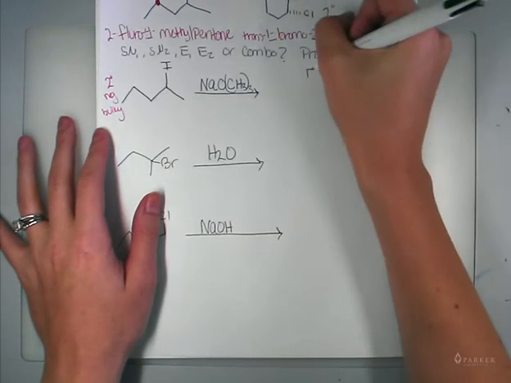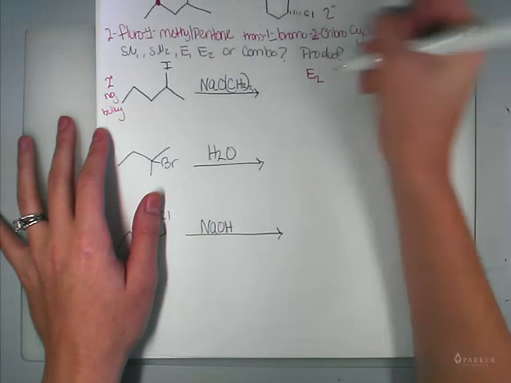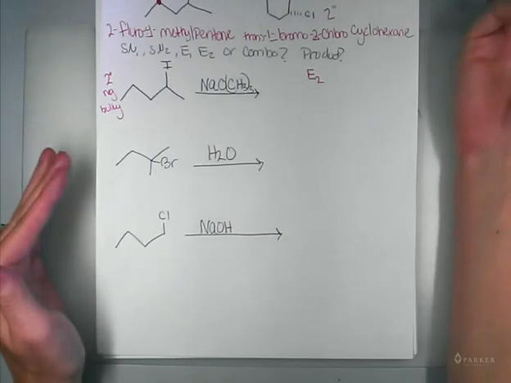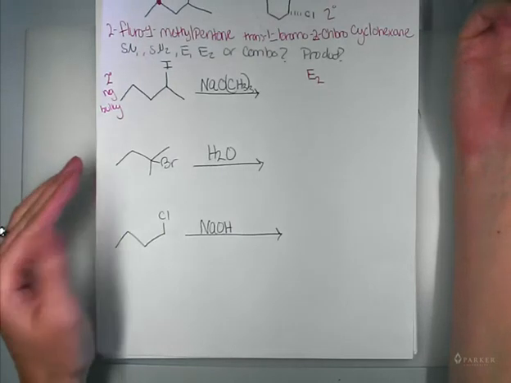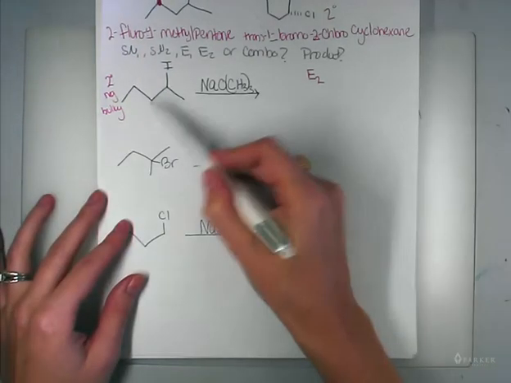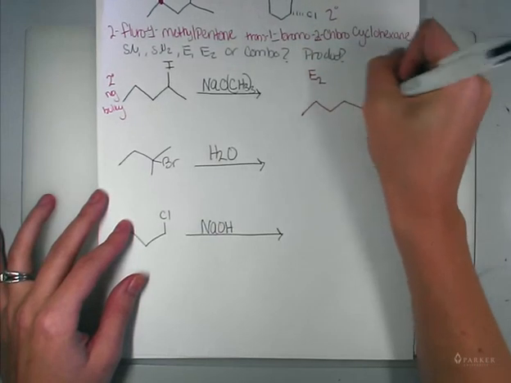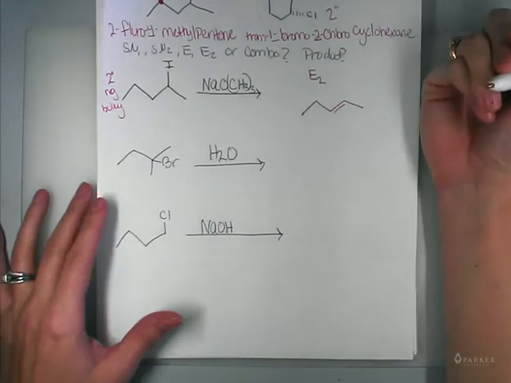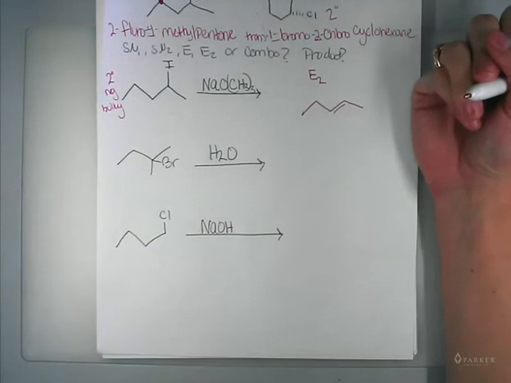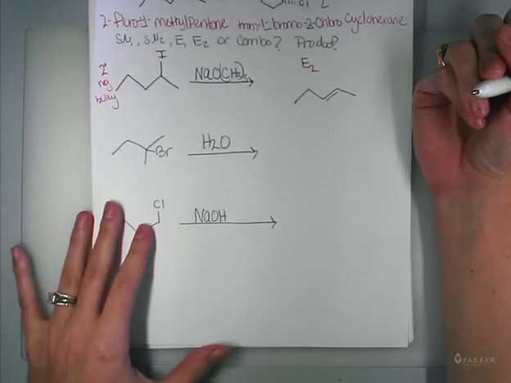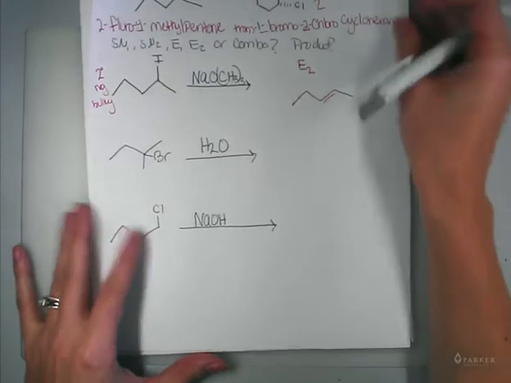E2. Okay, and an E product, what do I always have in there? Double bond. Where will the double bond go? The left or the right? Left. For chapter 6 sake, it goes to the left. Because we just learned it technically goes to the right.